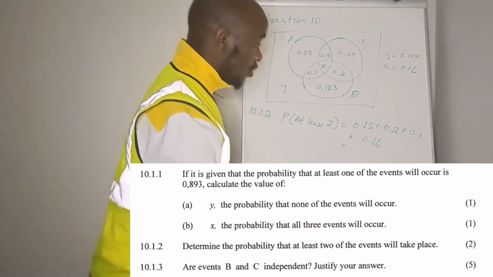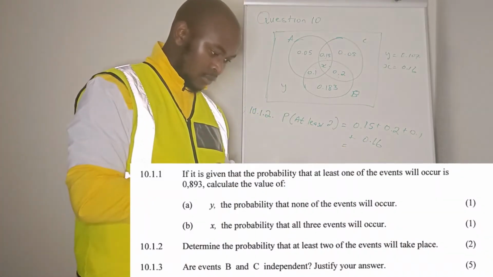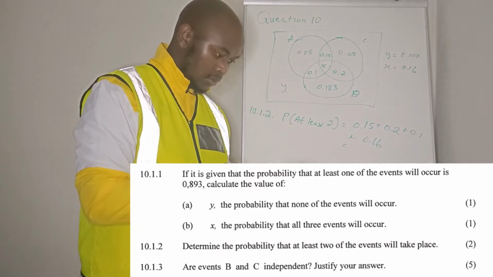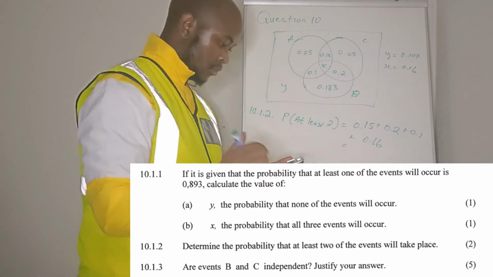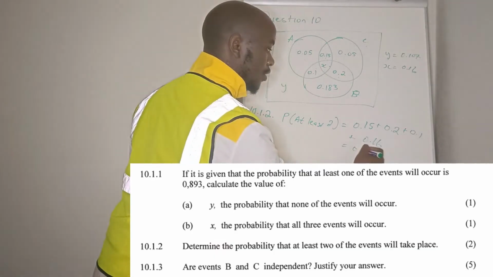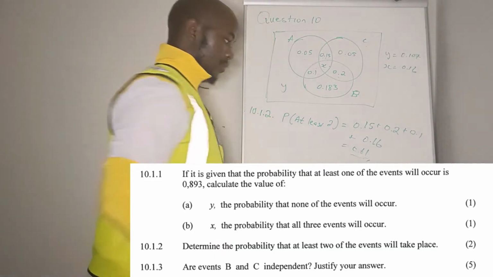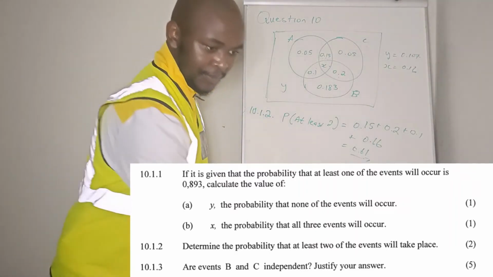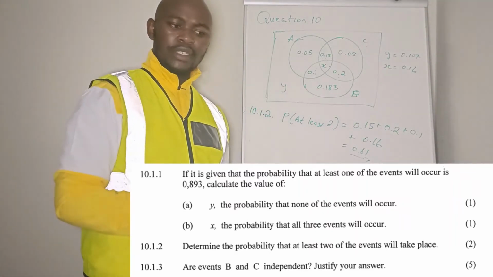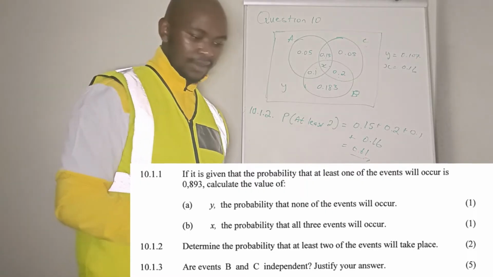And this all equals 0.61. That's the answer, 0.61. Now we're going to look at 10.1.3.